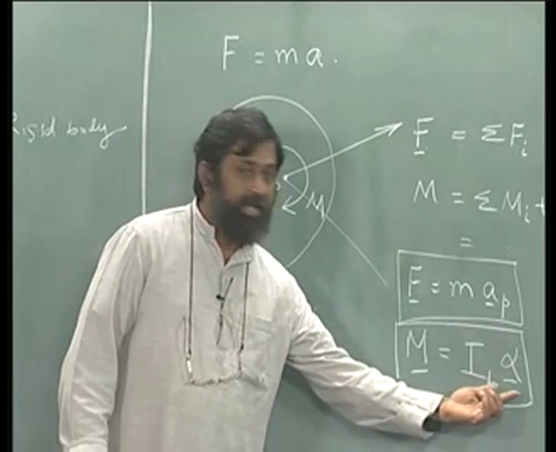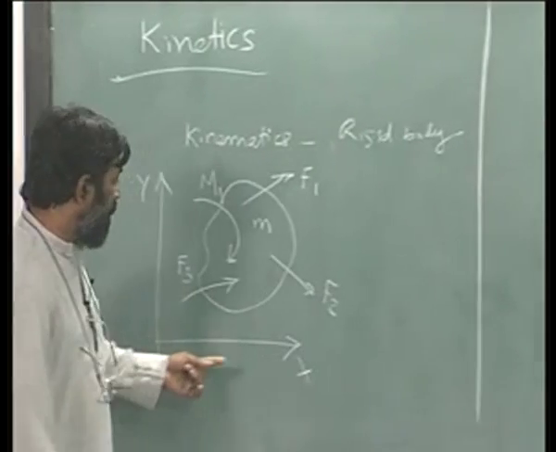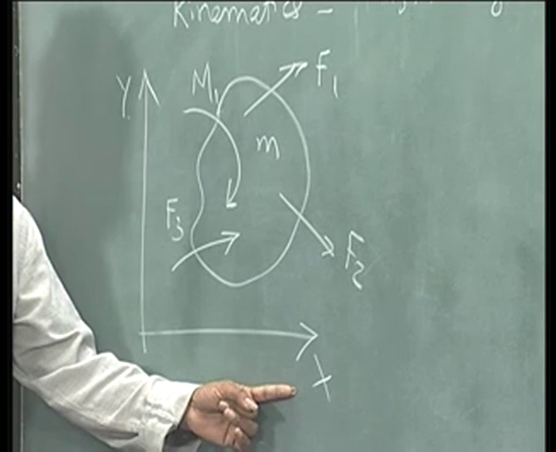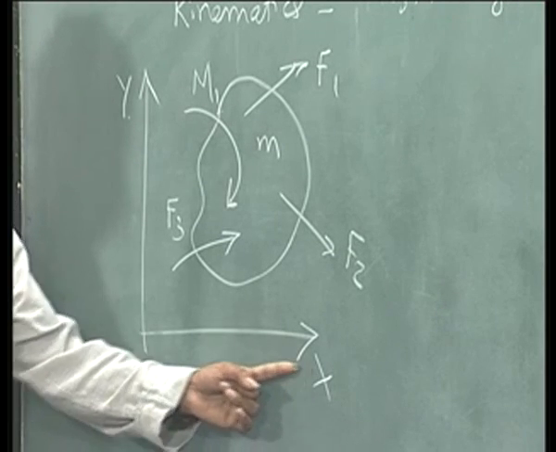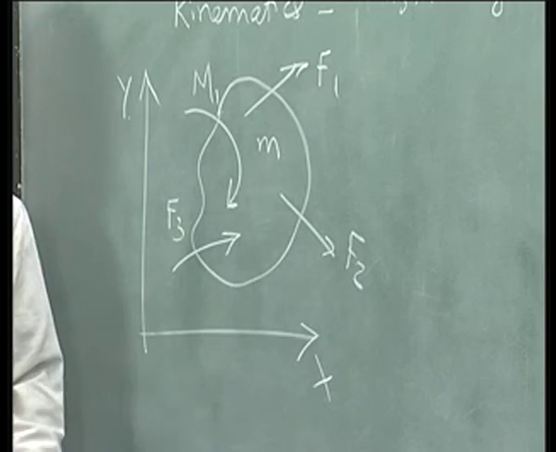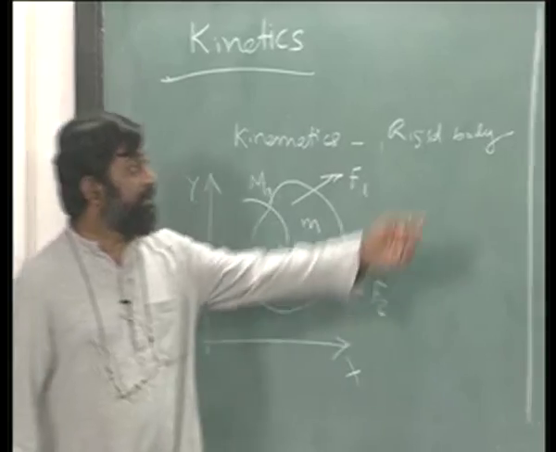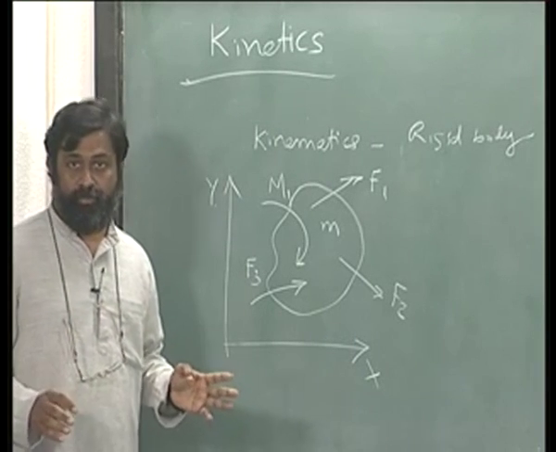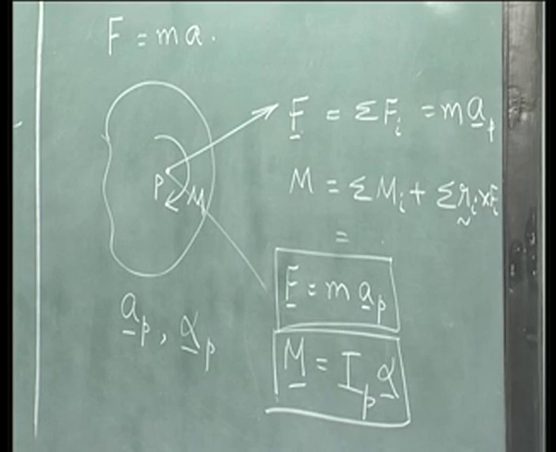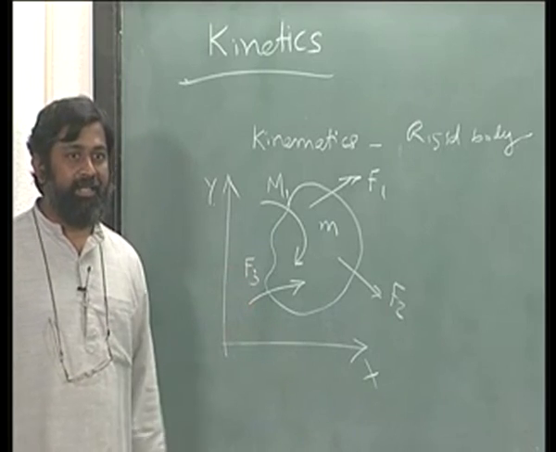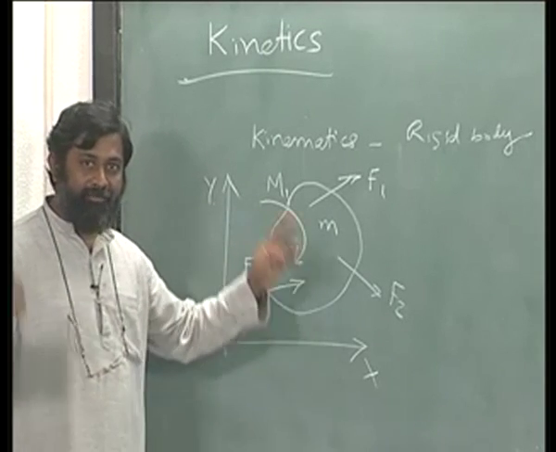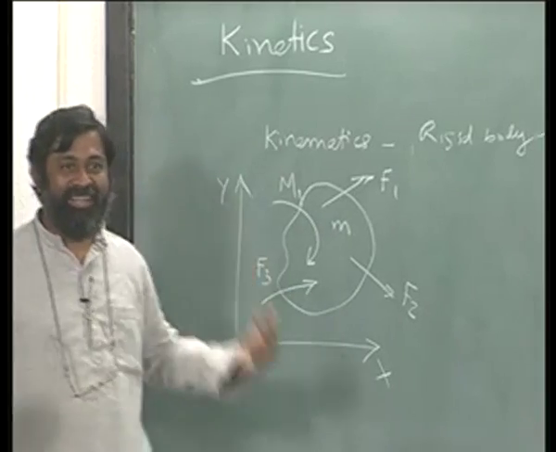What are these AP and alpha? They are linear accelerations and angular accelerations with respect to a fixed frame of reference, that is described by F equals ma. That is very important to know. You would have done this exercise earlier, but I am stressing this over and over because many times we make a mistake from this particular angle. Fixed frame of reference, that should get fixed in your mind.